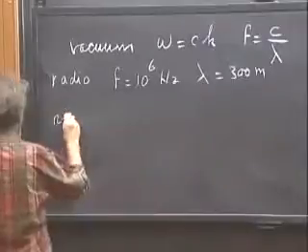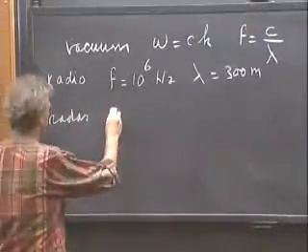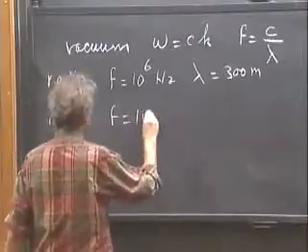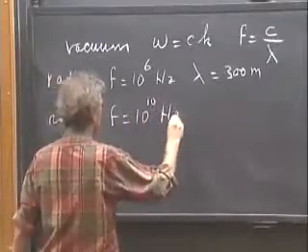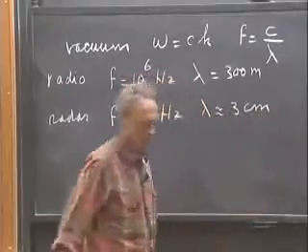If we go to radar, which we have right here in front of us, the frequency is about 10 gigahertz, 10 to the 10 hertz, and so you have a wavelength of about 3 centimeters.